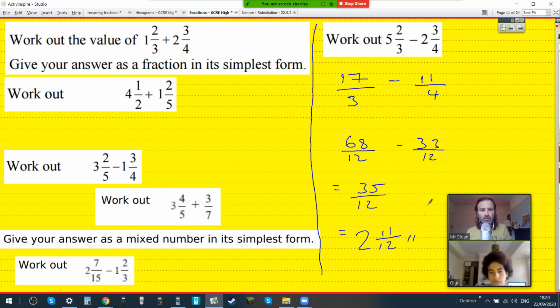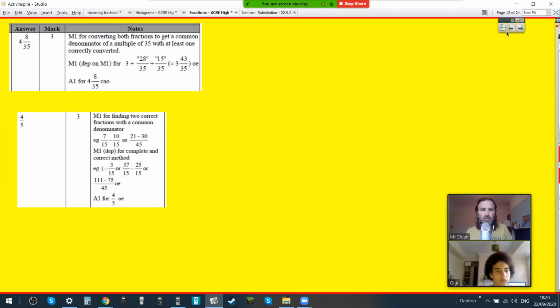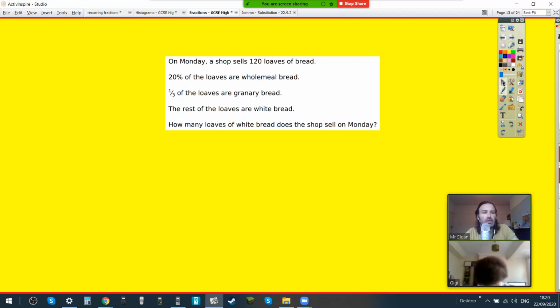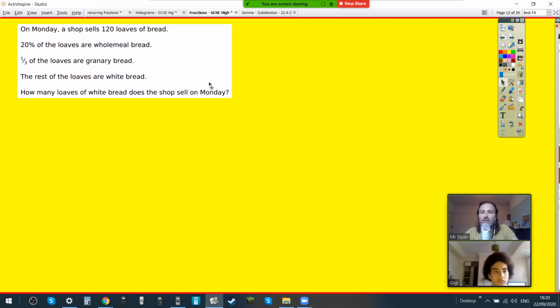Correct. 2 and 11 twelfths. Great. Good. Wherever that one is, I have the answer for it. This technically has some fraction in it, so I included it.